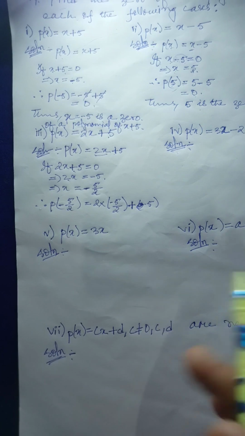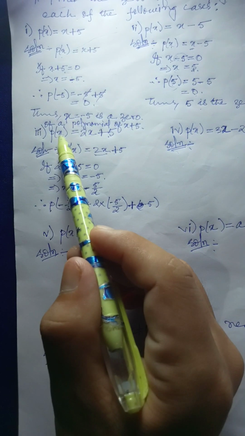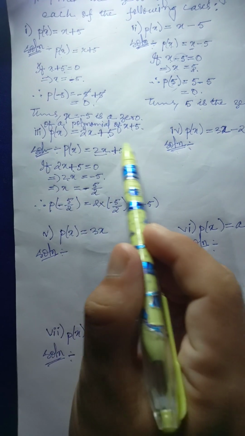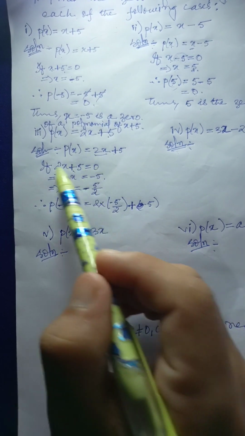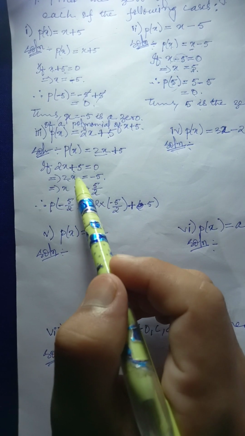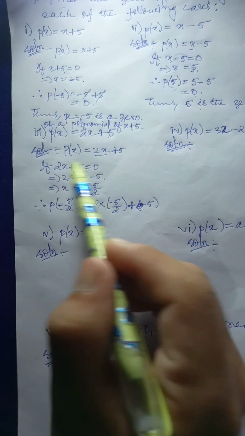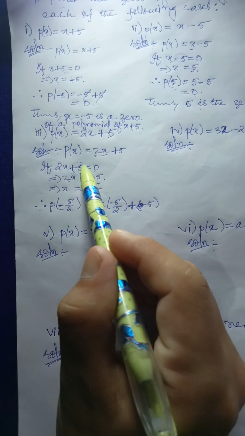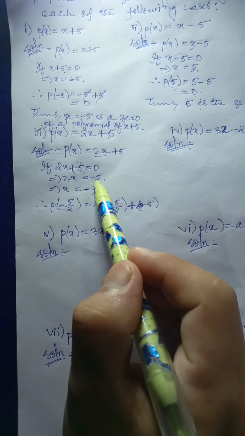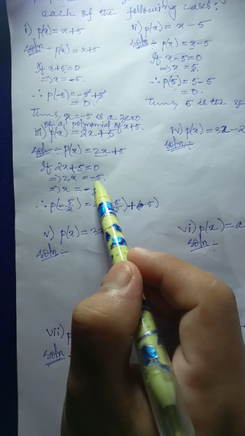As we can see in Roman number 3, here we have p of x is equal to 2x plus 5. Let us assume this is equal to 0, that is 2x plus 5 is equal to 0. First we have to move this plus 5 to the other side, and it will become minus 5.